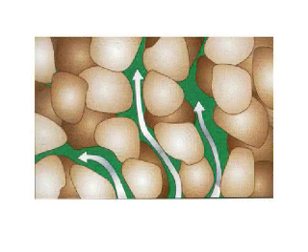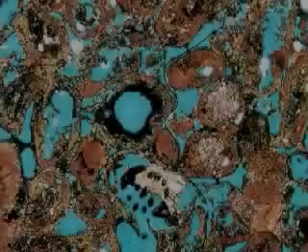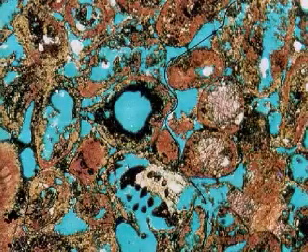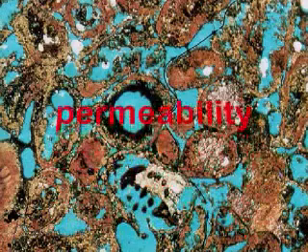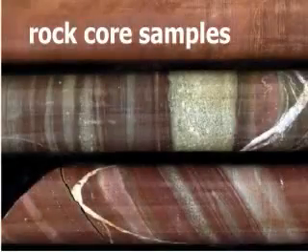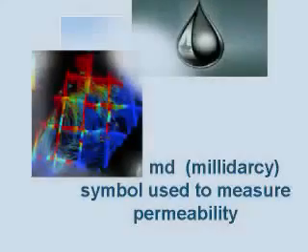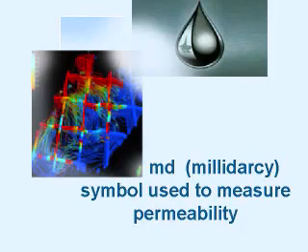We need fluids to be able to flow. Even though there might be holes or porosity in the rock, these holes must be connected. They must have little channels between them. We measure permeability in the laboratory using rock core samples. The unit of measurement for permeability is called the millidarcy, or MD.